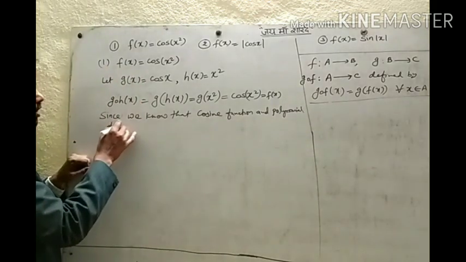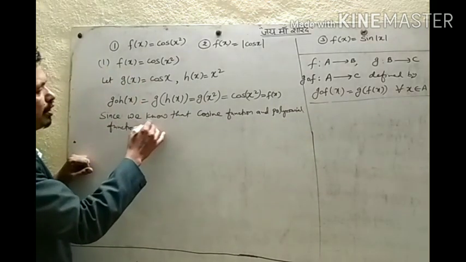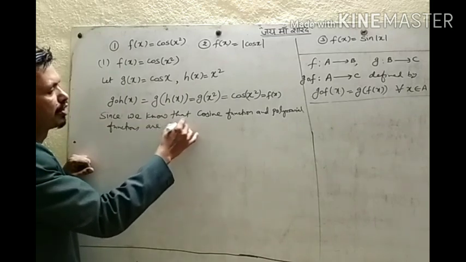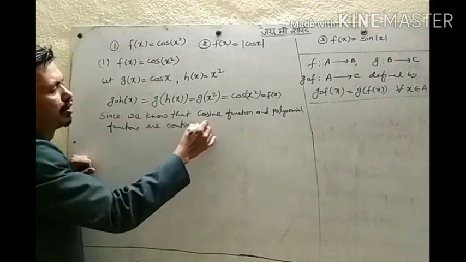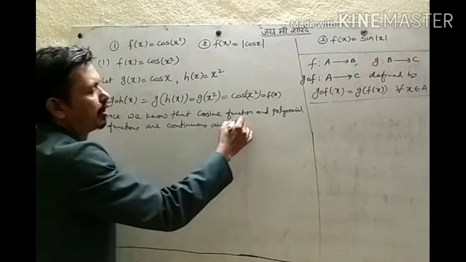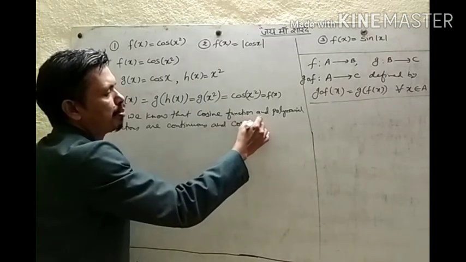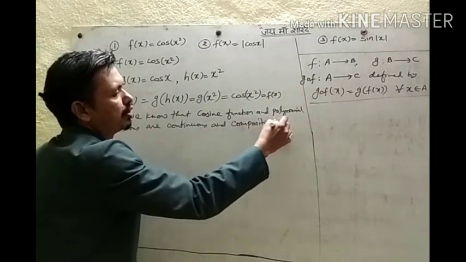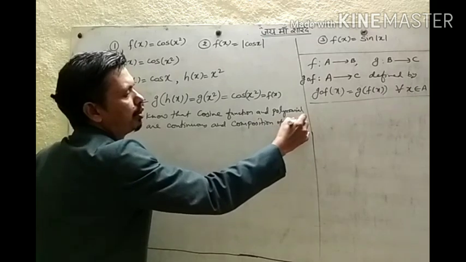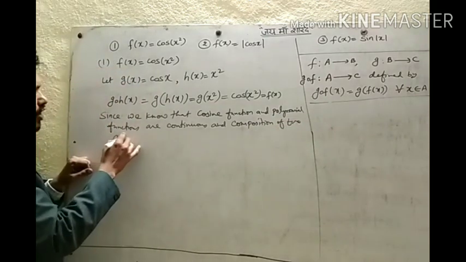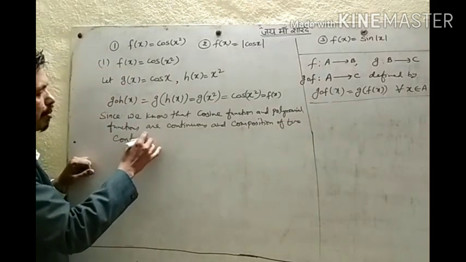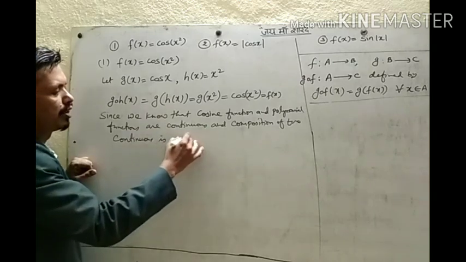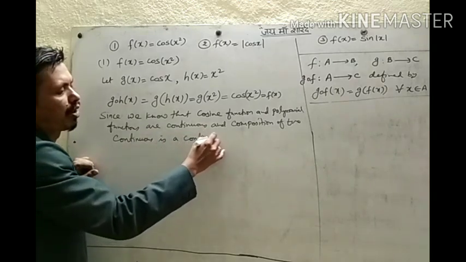Polynomial functions are continuous, and the composition of two continuous functions is continuous.